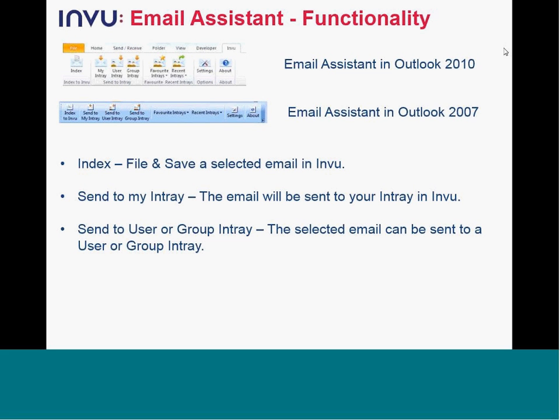Recent in trays are just the last few in trays that you've been sending emails to, because if you've got a large number of users in your business, you don't really want to be going to user in tray and then scrolling through a list of users that you may want to send it to. If it's someone that you've been sending emails to recently, then chances are it's going to be in your recent.